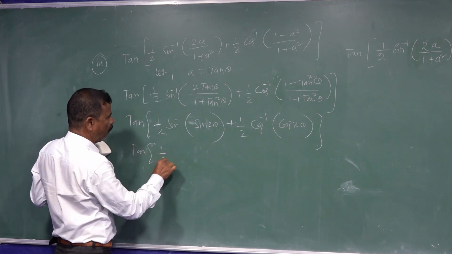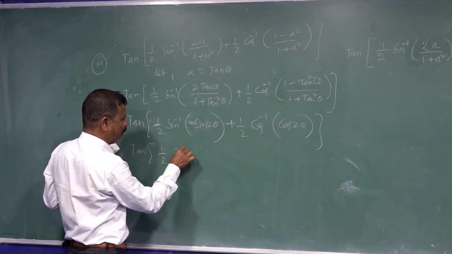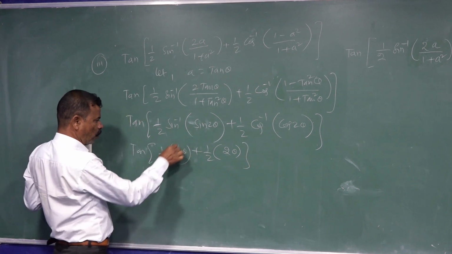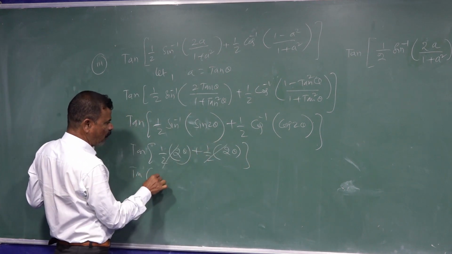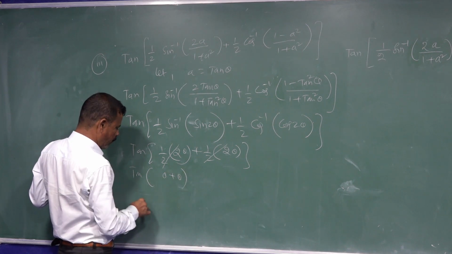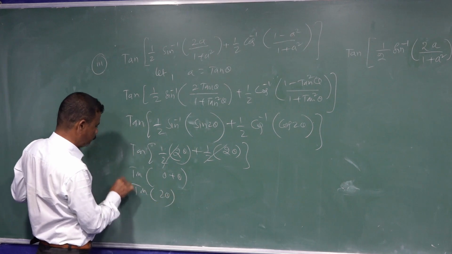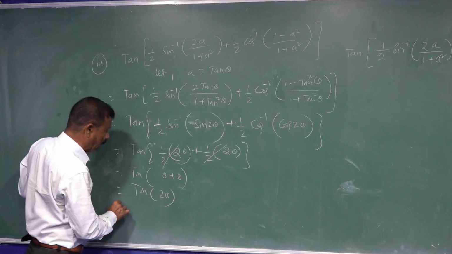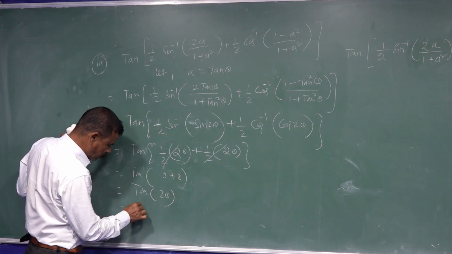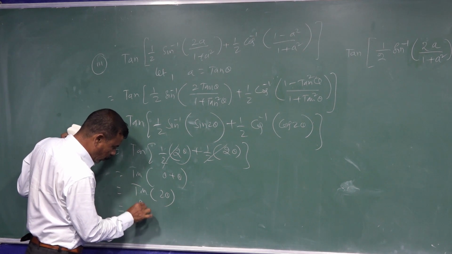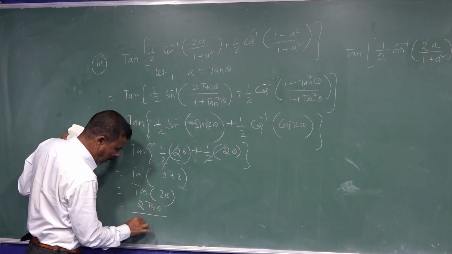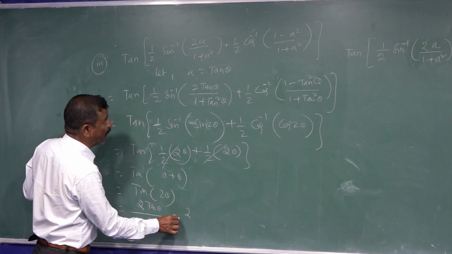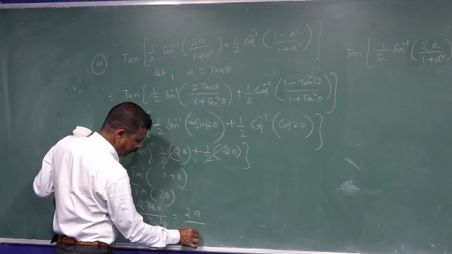Tan of 1 by 2 sine inverse of sine cancelled, 2 theta remaining, plus 1 by 2, here also the same 2 theta. The 2's cancelled: tan of theta plus theta is equal to tan 2 theta. Finally, tan 2 theta in terms of tan: 2 tan theta by 1 minus tan square theta is the tan 2 theta formula, equal to 2 into tan theta, which is a, so 2a by 1 minus a square.